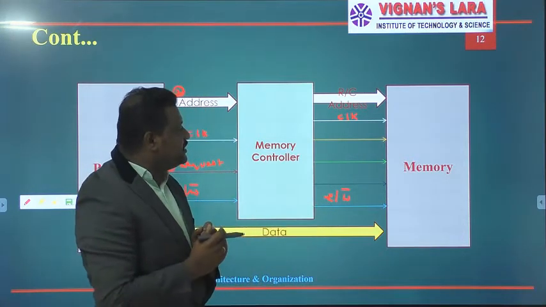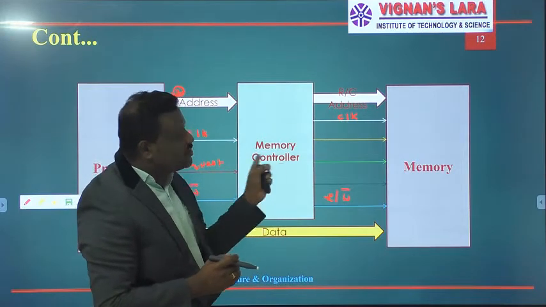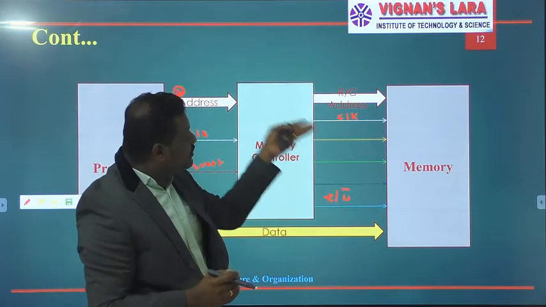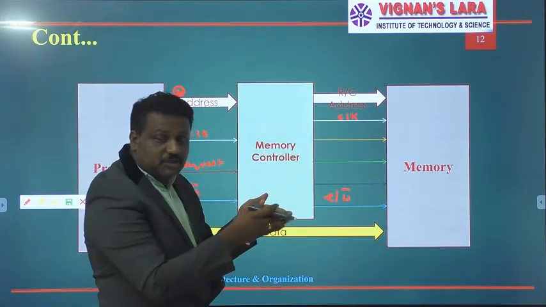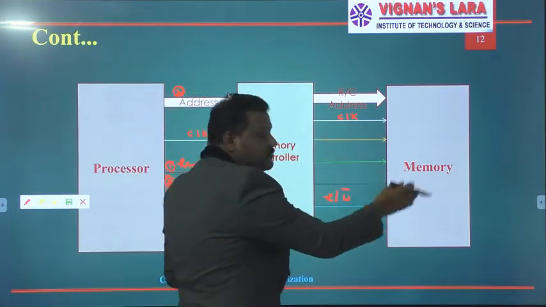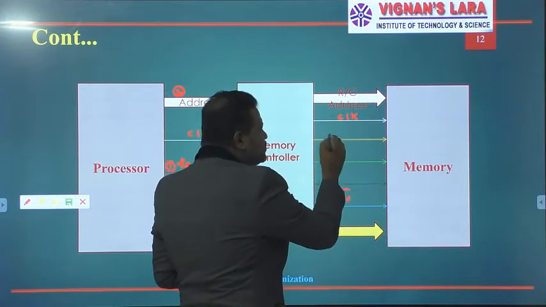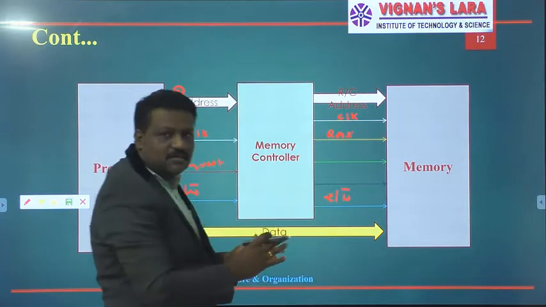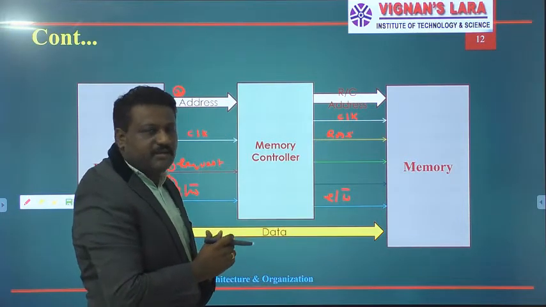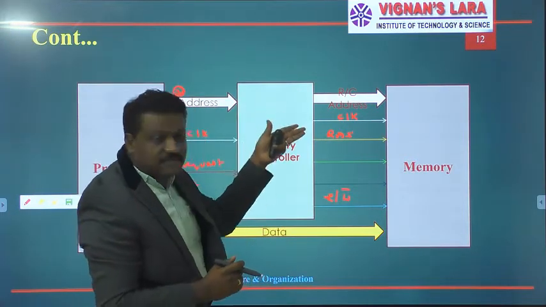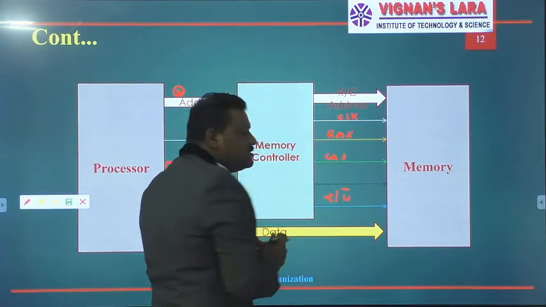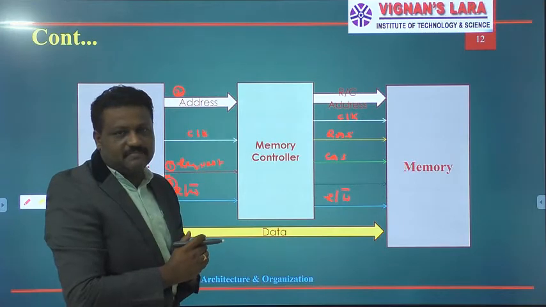And here the important thing is that our memory controller has to give a signal to the memory when it issues an address. If it issues a row address, it gives that row address to the memory with the help of a control signal, RAS, the row address selection signal. Similarly, when it sends a column address to the memory, it activates the column address selection signal, CAS.